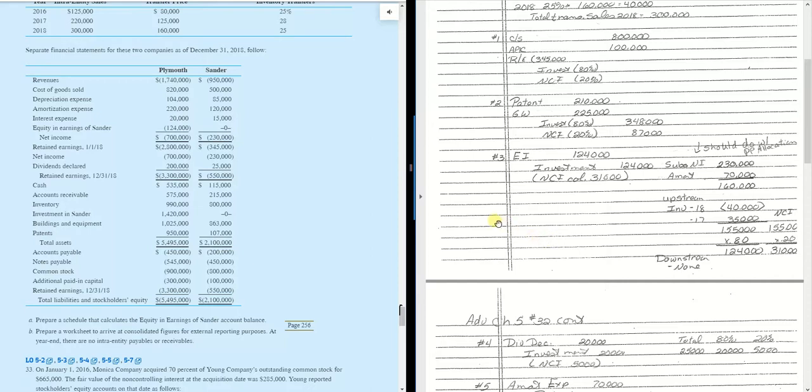So the initial value would be dividends, and remember I own 80%, so first of all, one reason I know it's not the initial value is it has equity and earnings of Sanders, and if it was the initial value, it'd have dividend income. But anyway, if it did have a number up there, it would be 25,000 times 80%, because dividend income would be on the parents' books, and notice that 25,000 times 80% is not 124,000.